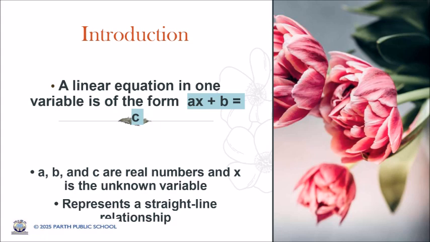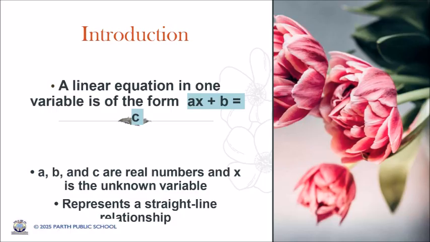Now let's begin by understanding what a linear equation in one variable actually looks like. It is usually written in the form ax plus b equals c. Here x is the unknown variable, that is the number we are trying to find. The letters a, b and c are real numbers.